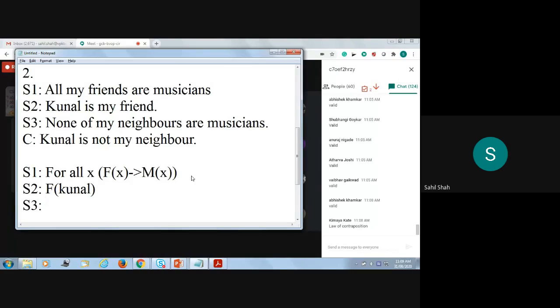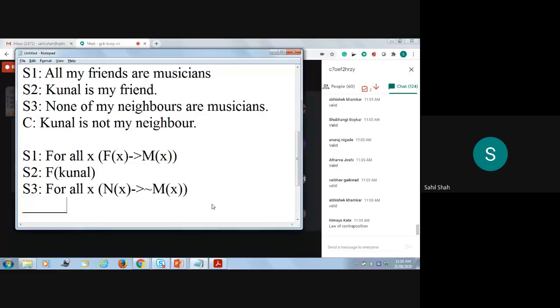For all x, if it is none of, then we are using a condition. N of x denotes a predicate where x is a neighbor. If x is a neighbor, then he or she is not a musician. These are the statements given.